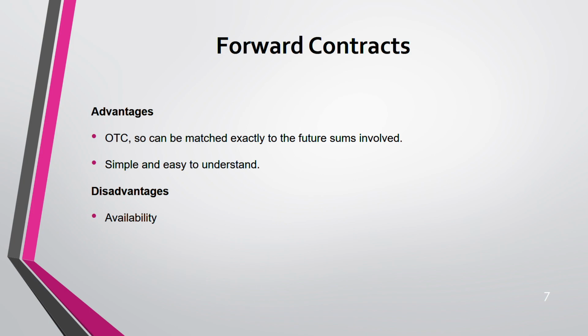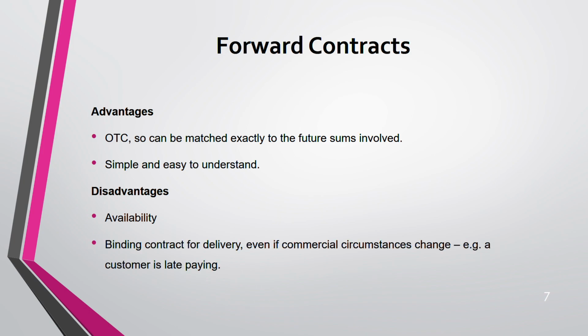Disadvantages: availability. We went through this earlier. Forward might not be available sometimes. Second disadvantage is that it's binding. No matter what happens to the circumstances, it's a binding contract for delivery, so you're bound. Next disadvantage, which also applies to all others except options, is that it eliminates exposure to the upside also.